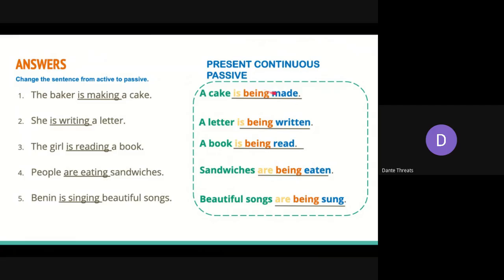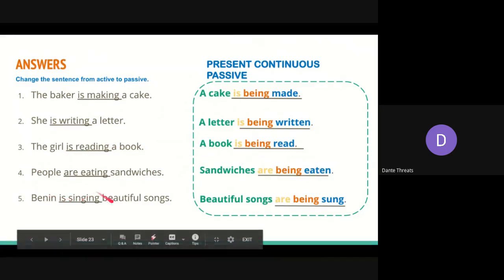A cake is being made. She is writing a letter. A letter is being written. The girl is reading a book. A book is being read. People are eating sandwiches. Sandwiches are being eaten. Benin is singing beautiful songs. Beautiful songs are being sung.